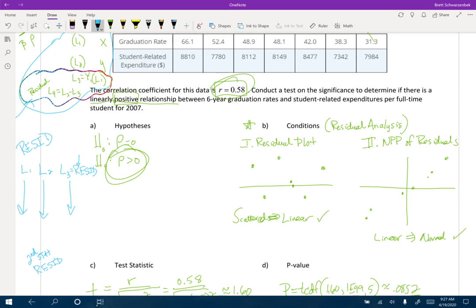Now, just a note on that though, you have to make sure that your data is in L1 and L2 in order to make that work. So just be very careful when you're doing that, and you want to make sure that it's always after the fact, after you do your lin reg. It also requires that you have something in Y1 for the regression equation for L1, L2.